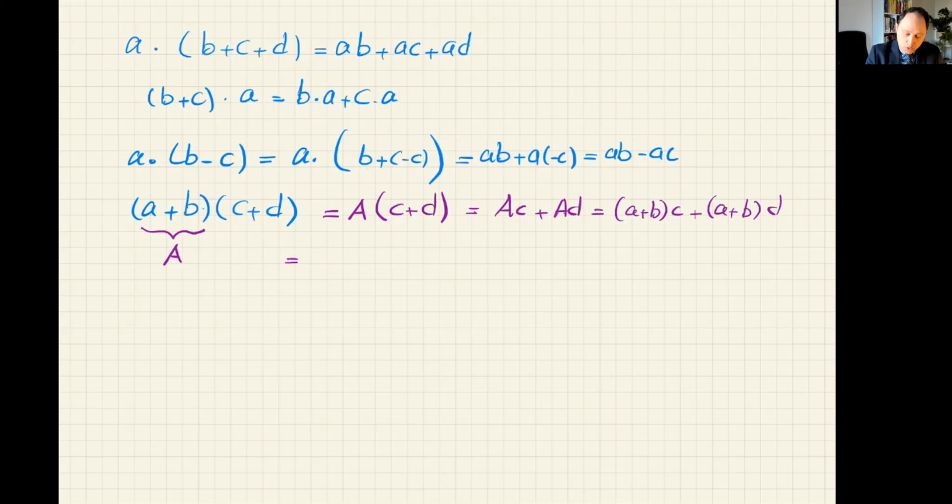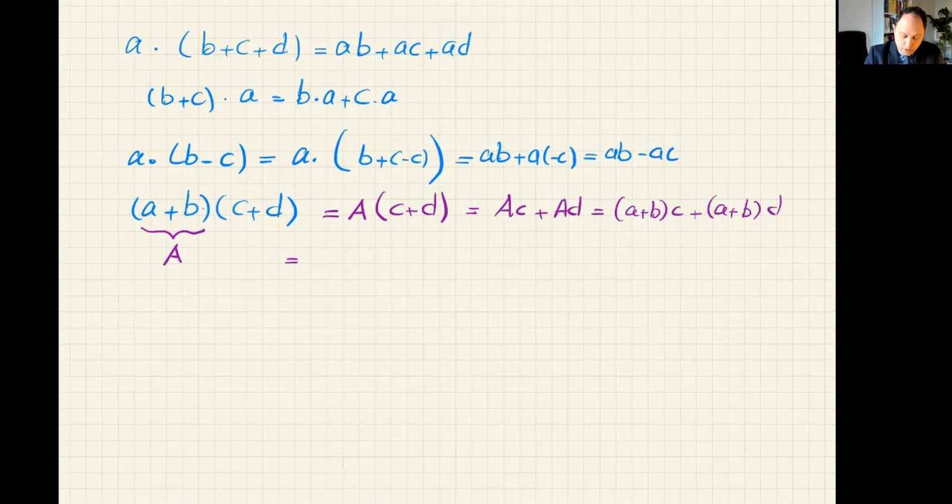But now each one of them is a distribution law on its own right, yes? So you see, I use distribution law once here, and I am going to use two more distribution laws here and here. So in order to expand this, I have to use this distribution law 3 times.